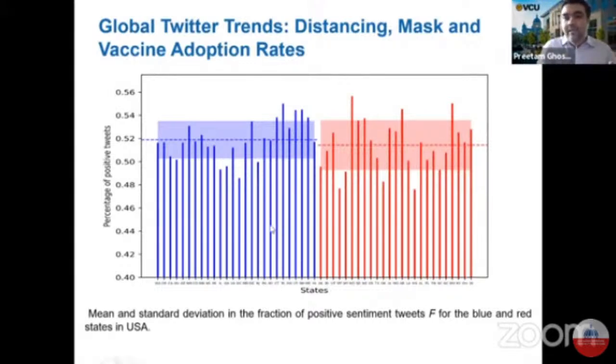It's very even, right? About 52% positive sentiment towards distancing, mask, and vaccination, and about 51% positive sentiment for the red states, for the Republican states. So really not a lot of difference in the United States based on political makeup of the different zones.